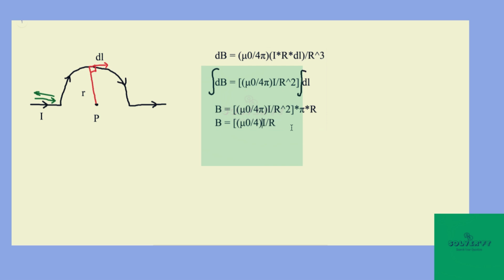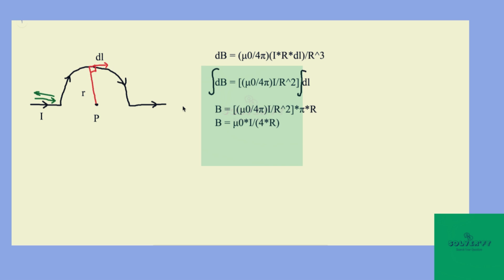Then rewriting this all into one fraction, we'll have mu naught times I on top, and 4 times R on the bottom. So this is going to be our final expression that will give us the magnitude of the magnetic field at this point P from this current.